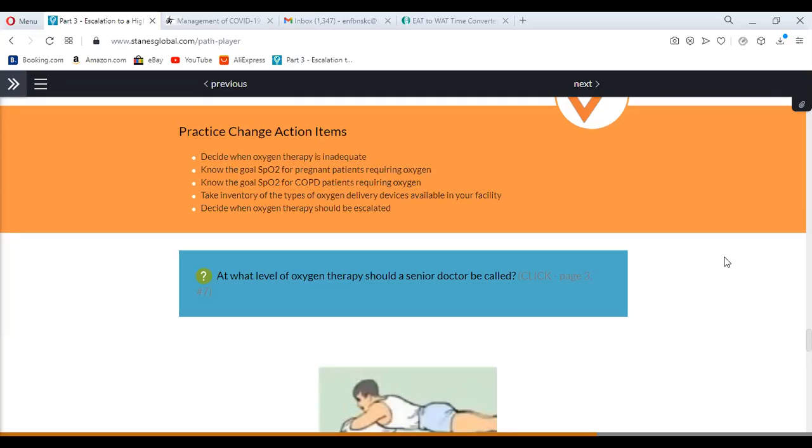But when you have it, then from that unit, whether it's in the emergency, you want to now transfer this patient to a high dependency unit or an ICU. Where you don't have those, then you need to transfer to a higher facility. That is the practice change you should also take note of.